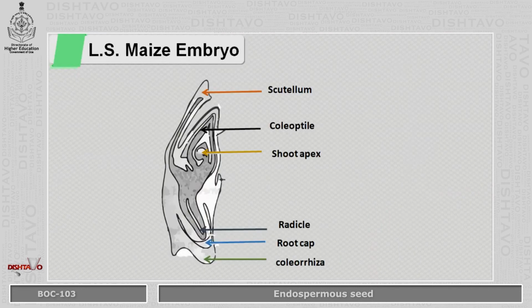The single cotyledon is protected by a scutellum. The shoot apex or the plumule is protected by a coleoptile. The radicle or root apex is protected by a root cap, and the entire radicle is protected by the coleorhiza.